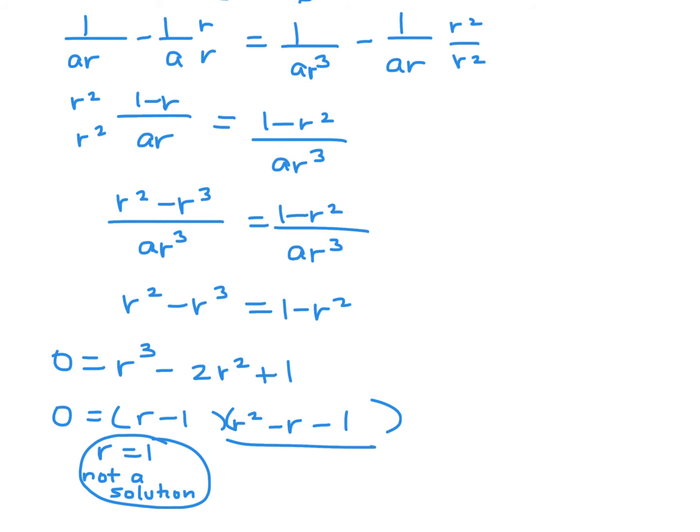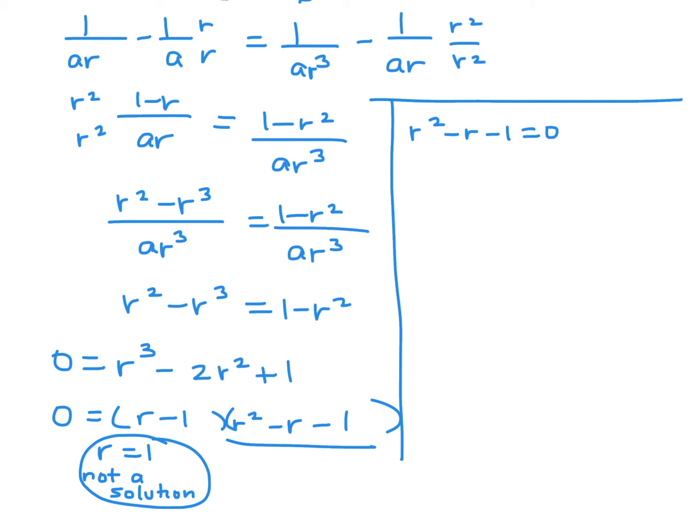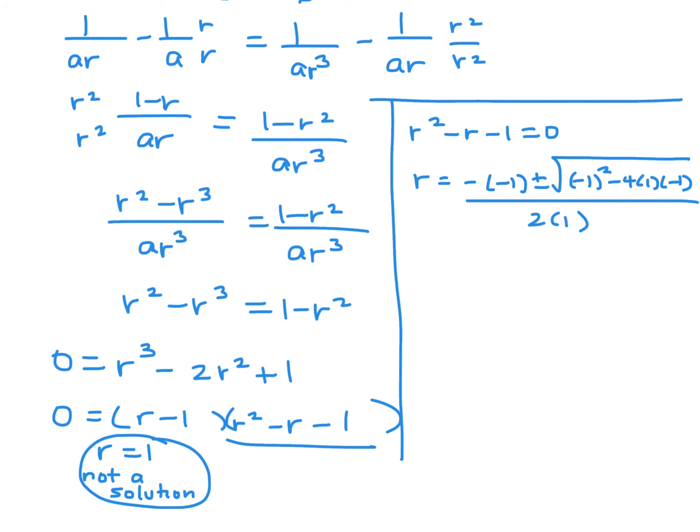So then we got to concentrate on this guy. And that's a quadratic, so unfortunately we've got to set that equal to 0 and use the quadratic equation because I don't think that factors. So R equals, let's see, minus B plus or minus square root of B squared minus 4AC all over 2A. And that looks to me like 1 plus or minus root 5 over 2.